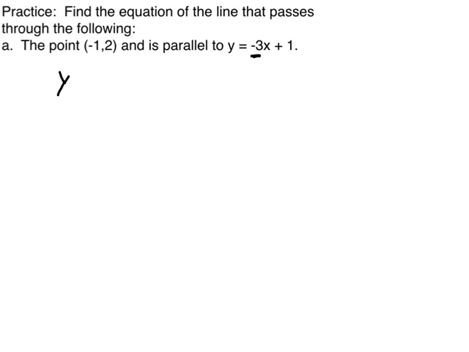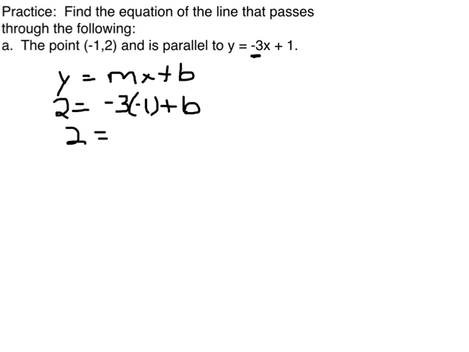So I'm going to do my new formula for my new line, y equals mx plus b, and I know that m is negative 3, and I'm going to insert x is negative 1 and y is 2 plus b. 2 equals negative 3 times negative 1 is 3 plus b.